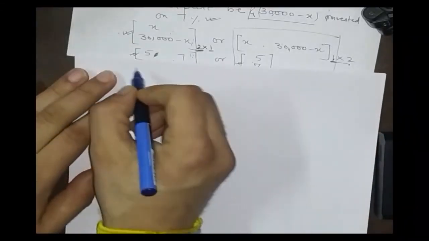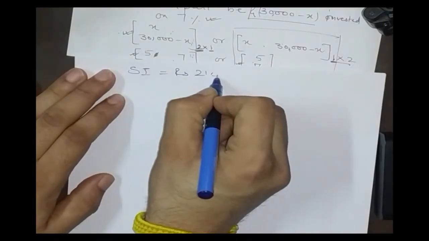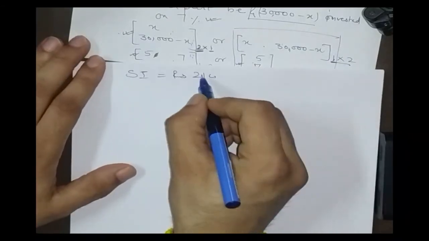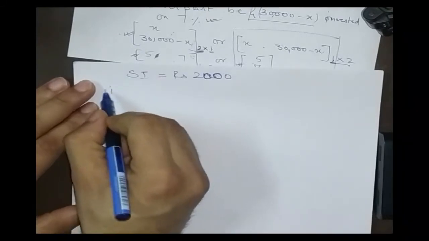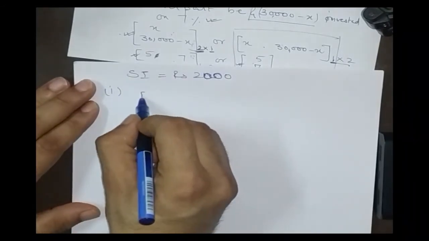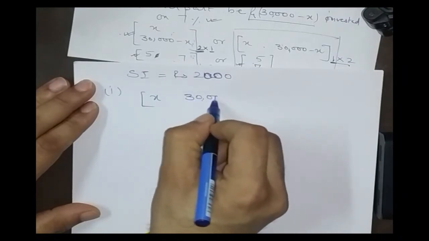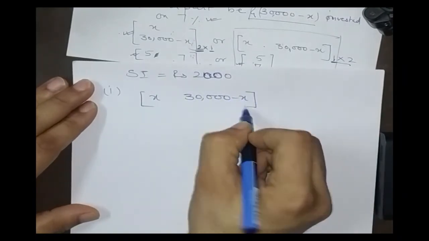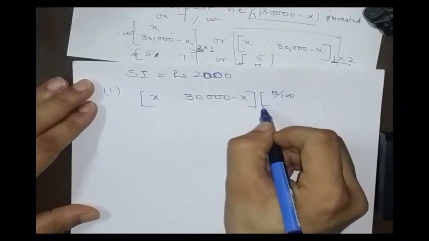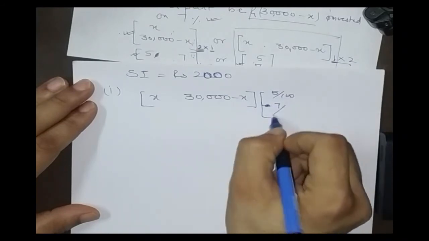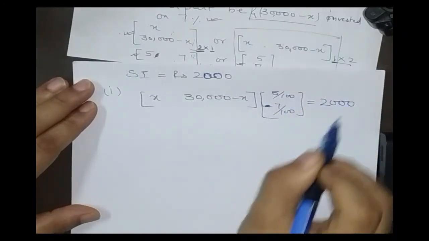When the SI is equal to rupees 2,000, not 2100 but 2,000, we'll follow the same system. X, 30,000 minus X, times 5%, 7%, is equal to 2,000.